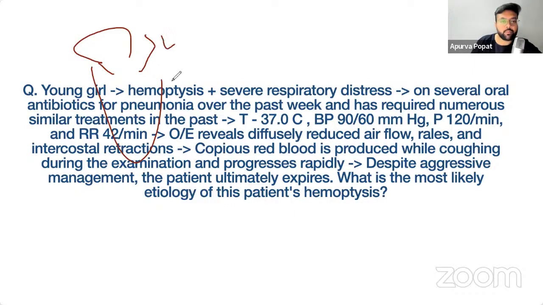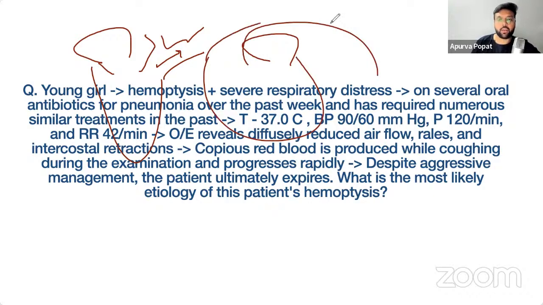The right ventricle gives rise to the pulmonary artery, which ultimately goes to the lungs. But from where is the bronchial artery branching off? Aorta. The lung has dual blood supply. One is from the pulmonary artery and the second is the bronchial artery, which branches from the aorta.